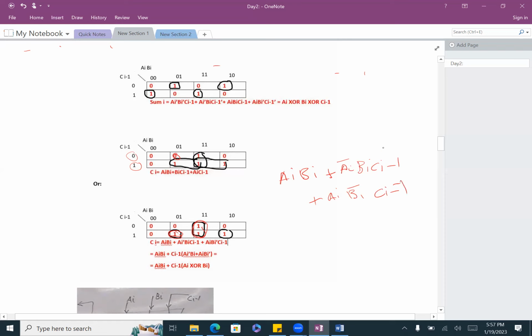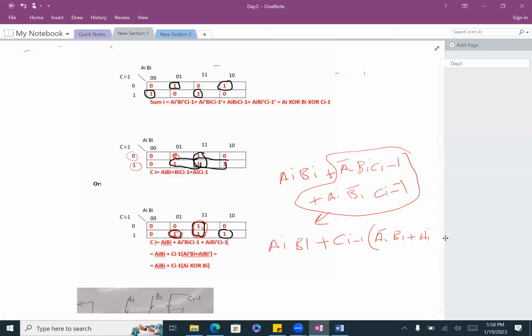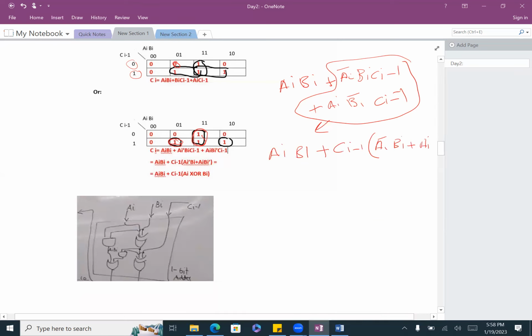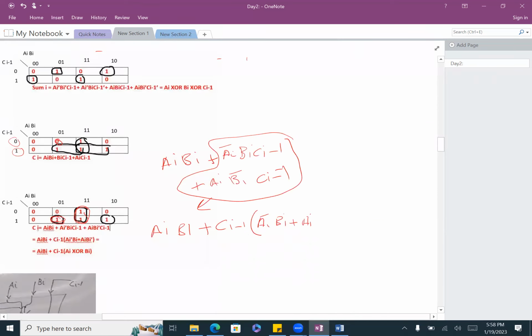Now let's take these two together and combine them. What is the common term? We'll take CI minus 1 out, correct? So how will we write this? We'll say AI, BI first, or we'll take the CI minus 1 out, and then leave AI bar, BI, or AI, BI bar.